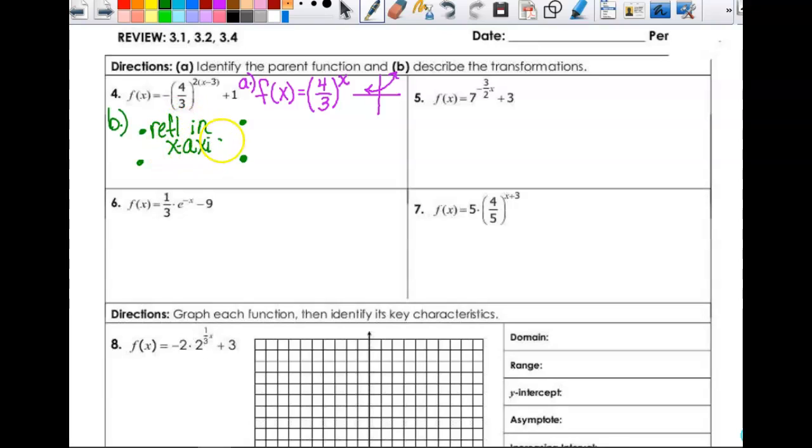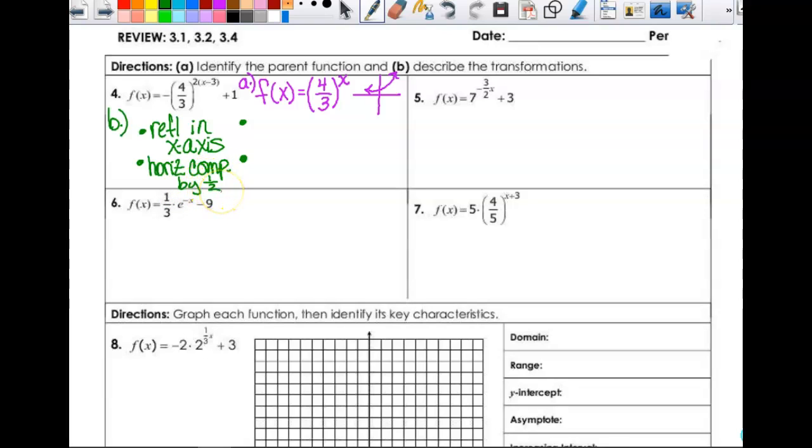Right? That makes sense? That hasn't changed. Same deal. Is the 4/3 part of a transformation? No. So I move on to the 2. Does the 2 affect x or y? X. So it is a horizontal something. Is it a stretch or a compression? Compression by what? 1/2.